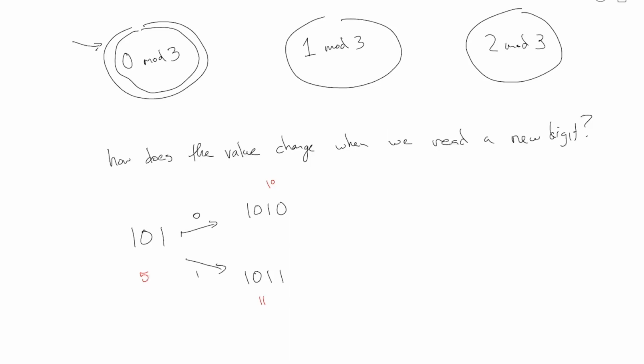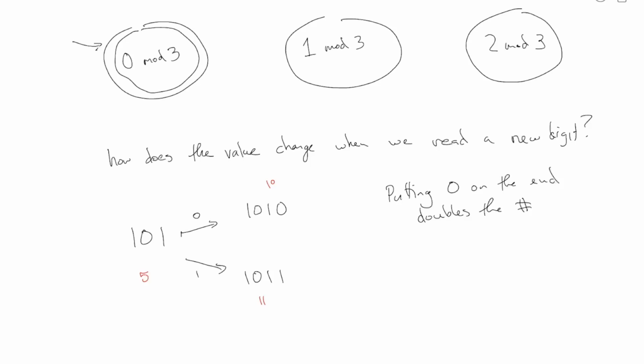It is a true fact. Putting 0 on the end doubles the number. This is actually similar to base 10, where if you put a 0 on the end, the effect is that it multiplies the number by 10.